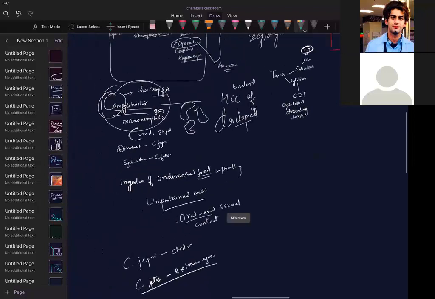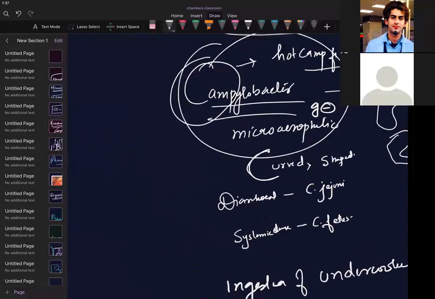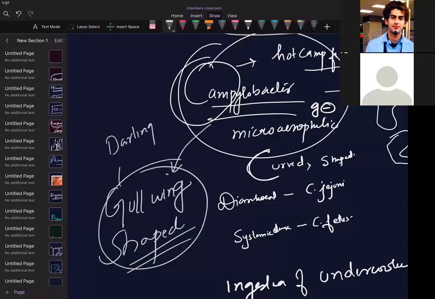Campylobacter has gull-wing shape but darting motility. The shape is gull-wing, but the motility is darting.